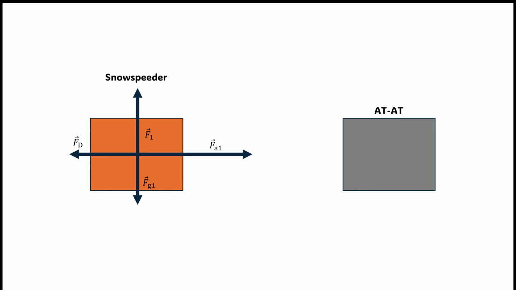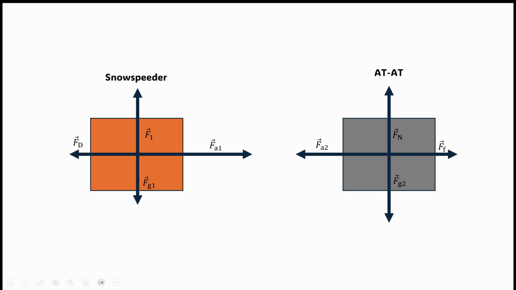Moreover, since the snowspeeders are traveling forward, we must have FA1 greater than FD, and since the snowspeeders are airborne, F1 must be greater than FG1, and this is of course portrayed by the fact that the arrows representing FA1 and F1 are drawn longer than those representing drag and gravity, respectively.